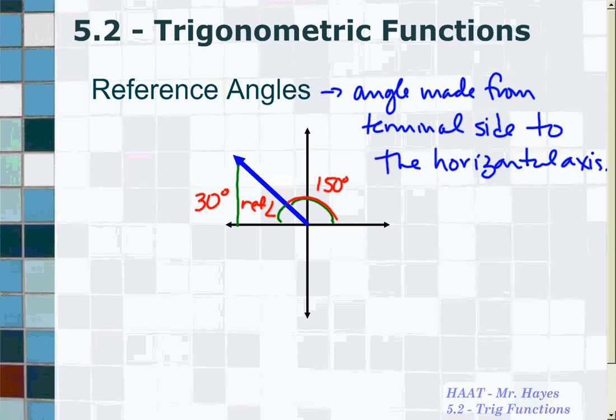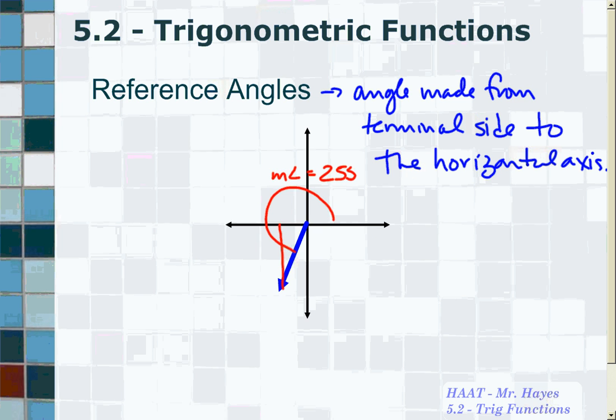Now, let's say your reference angle is here. The reference angle that we're talking about is this one right here. So this angle might be, let's say, the measure of the angle is equal to 255 degrees.